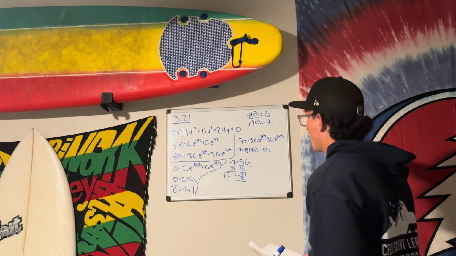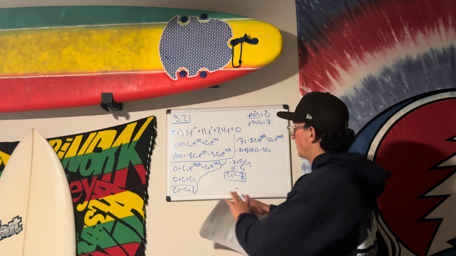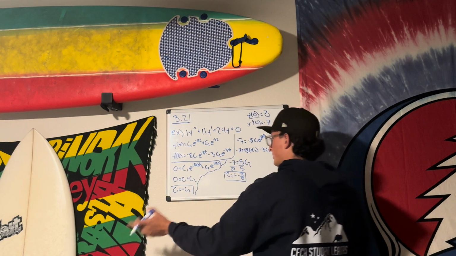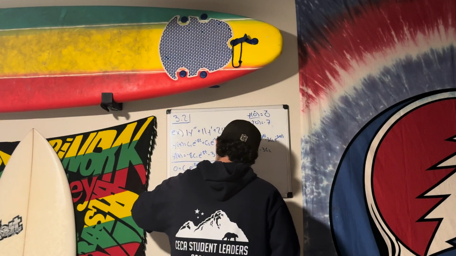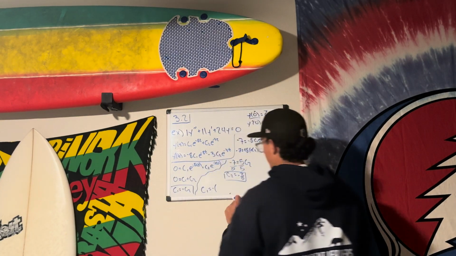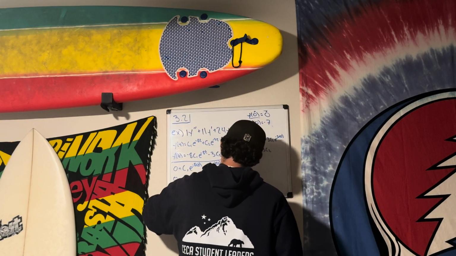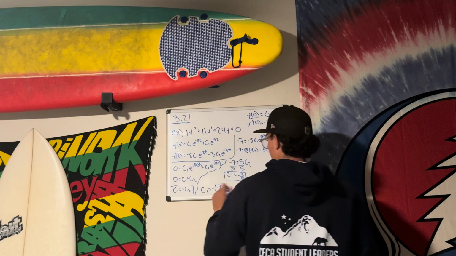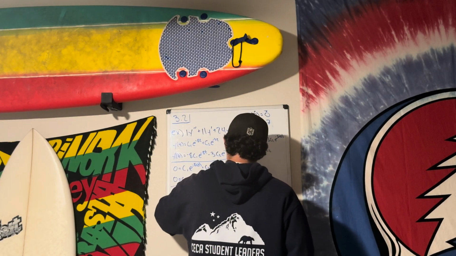Perfect. We've solved our c2, but we still don't have our c1, so let's plug in. c1 equals negative c2. What is c2? Negative 7 fifths. So a negative times a negative, our c1 is now 7 fifths.